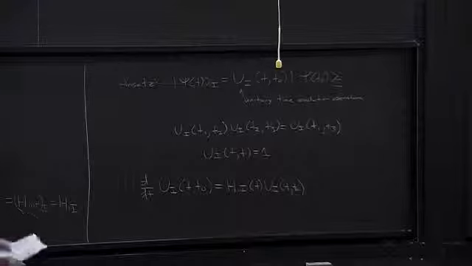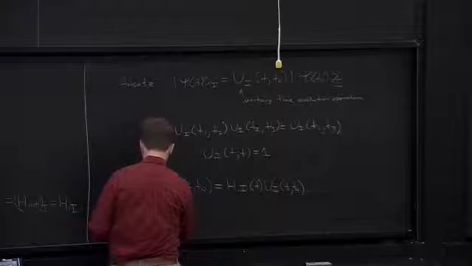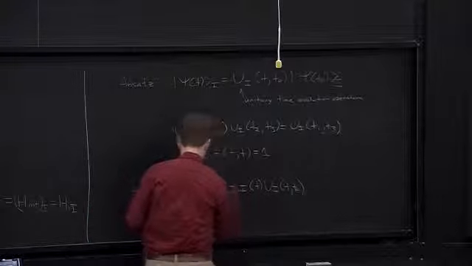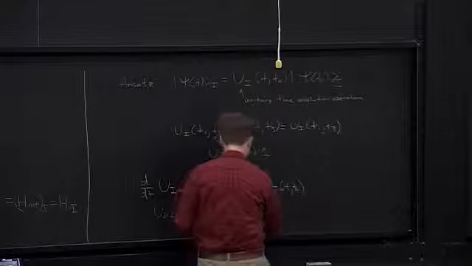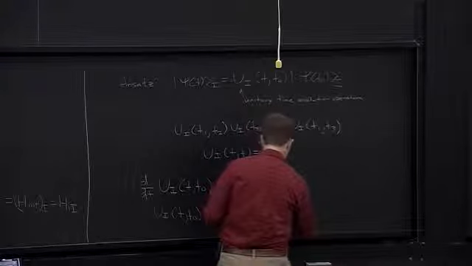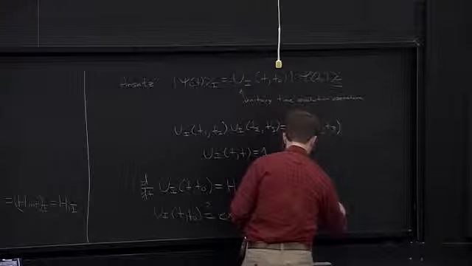And you might guess that the solution to this equation is just the exponential of minus i integral H_I of t prime dt prime.